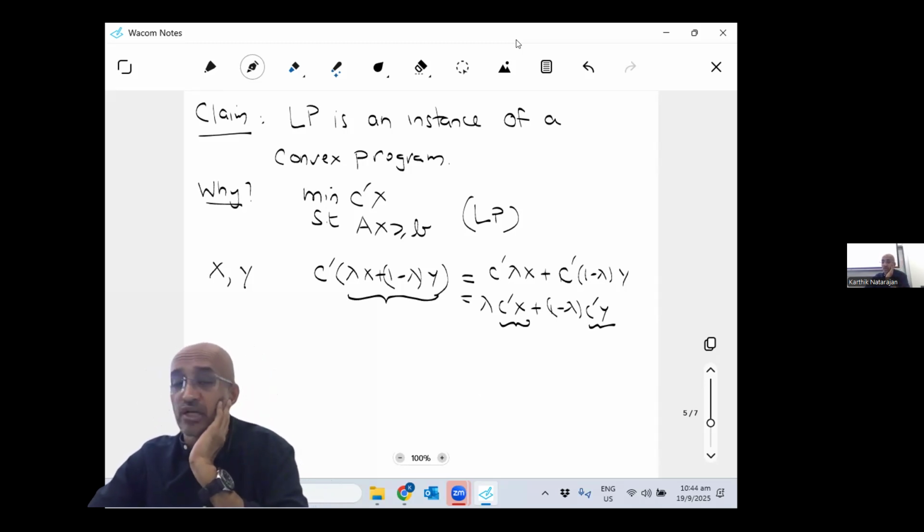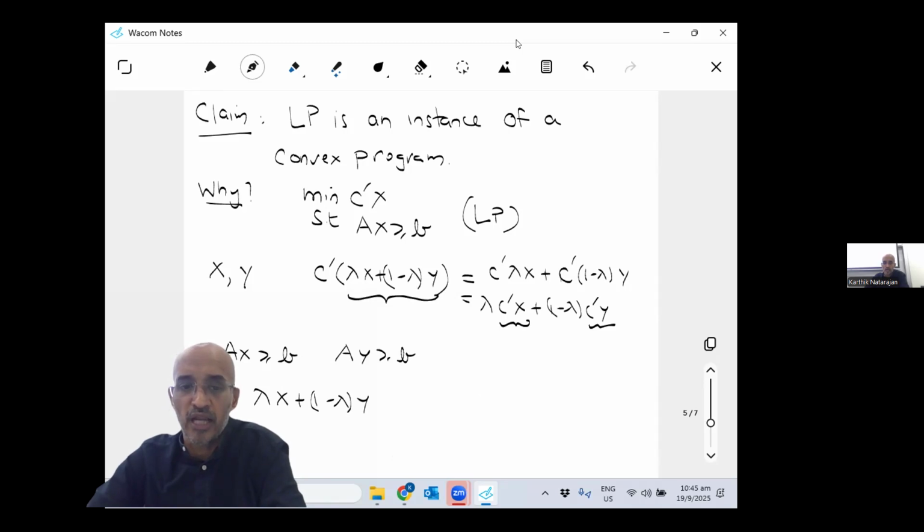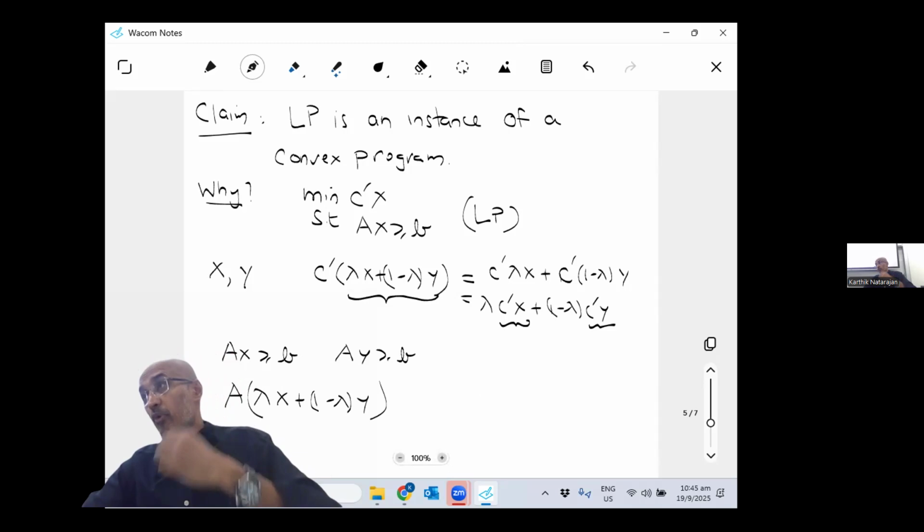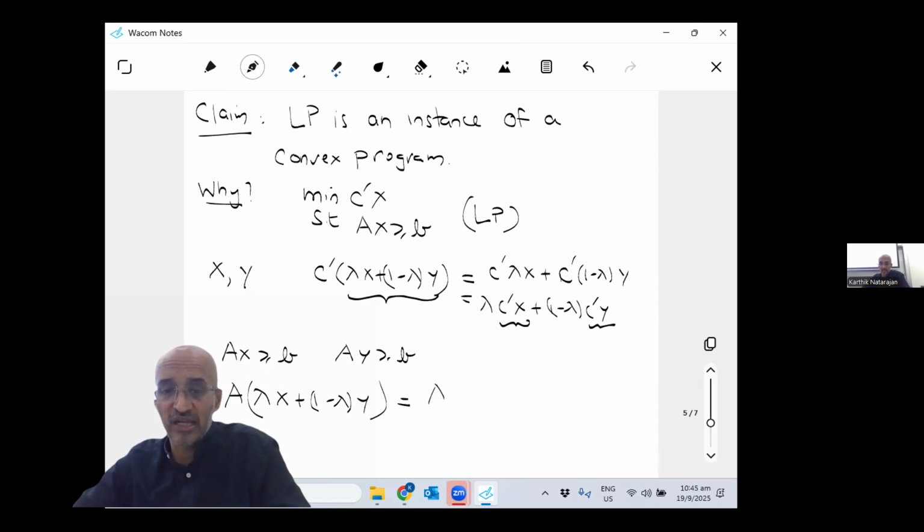In terms of feasibility, if I give you 2 points, Ax greater than or equal to b and Ay greater than or equal to b, and now you take a point lambda x plus 1 minus lambda y. Again, I do a matrix vector product. This is exactly A times lambda x plus A times 1 minus lambda y, and this is lambda times Ax plus 1 minus lambda times Ay.